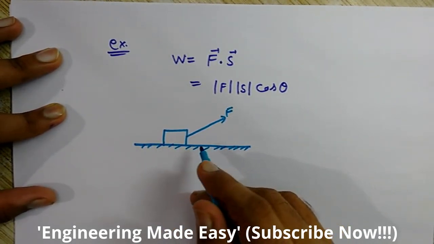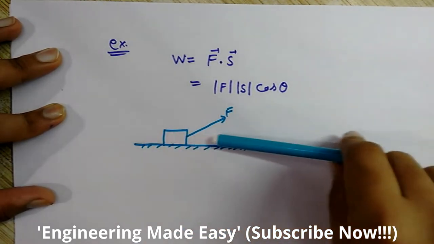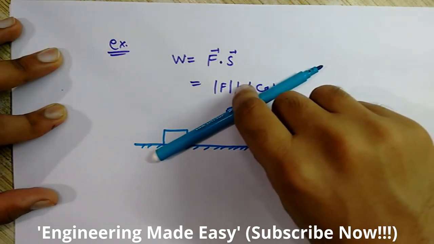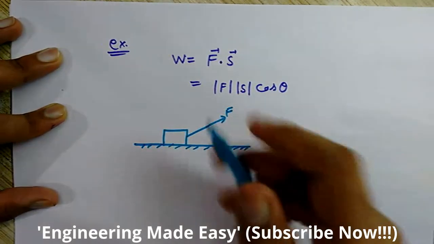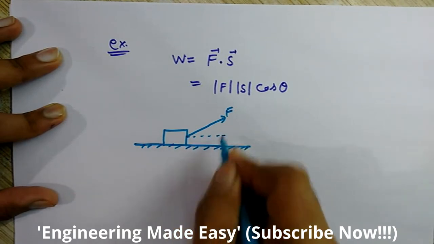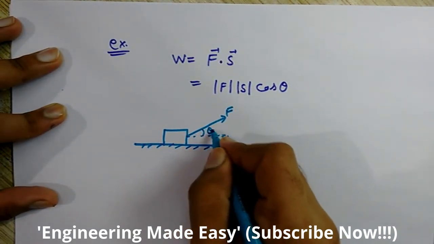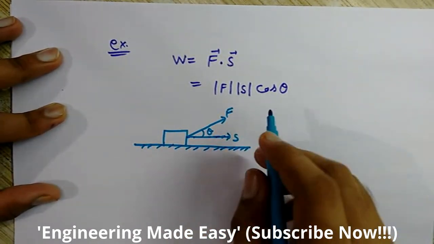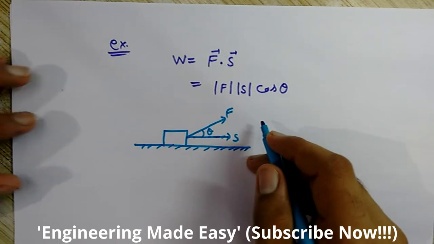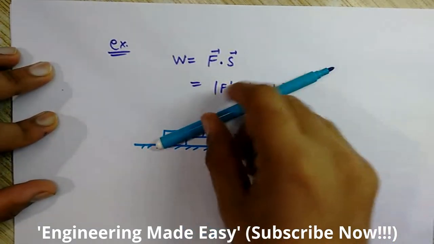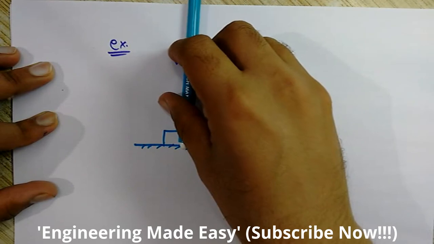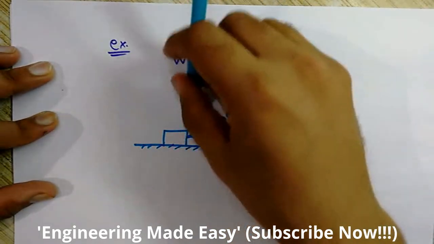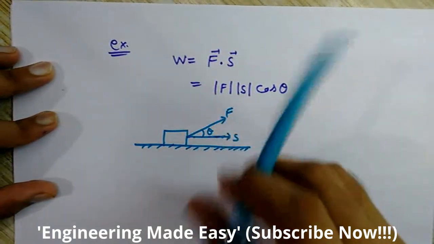So you understand that if I want to slide it horizontally with the least force, then I should keep this angle with the horizontal, this theta, which is the direction of displacement, at 0. And if I keep this angle theta at 90 degrees, then it will not move forward, it will just be lifted. All the components will be in the vertical direction.